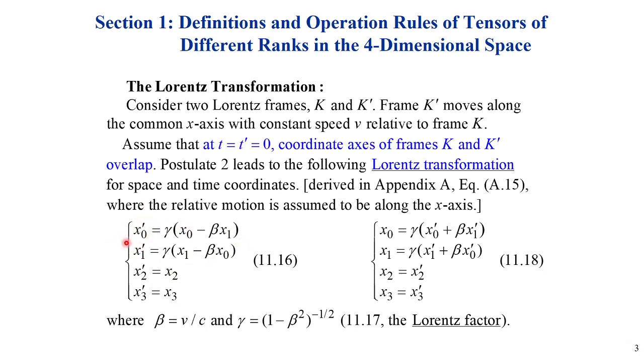The K prime frame can be expressed in terms of the K frame. On the other hand, the K frame can be expressed in terms of K prime. The major difference is the speed is different.